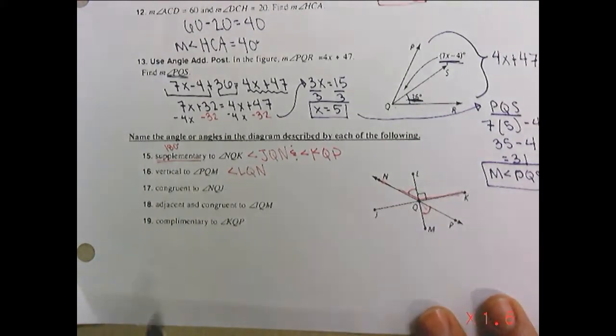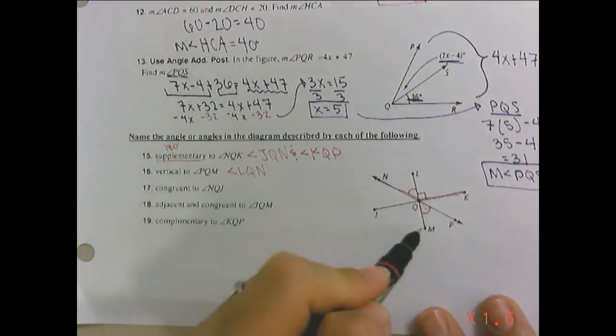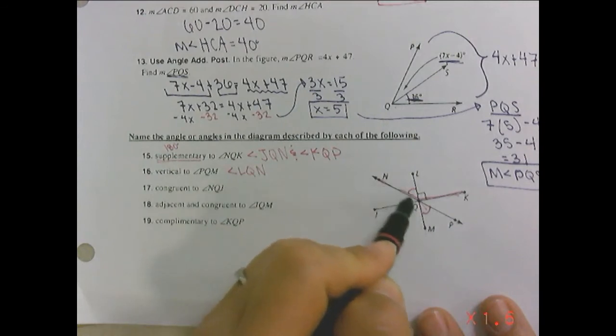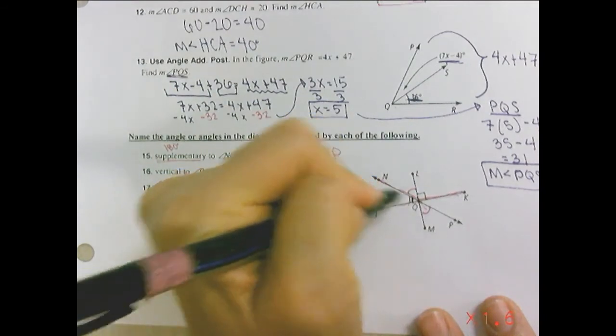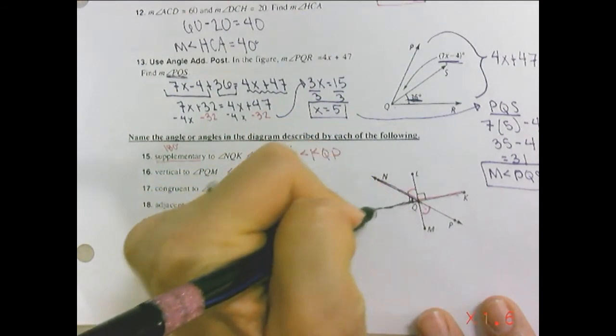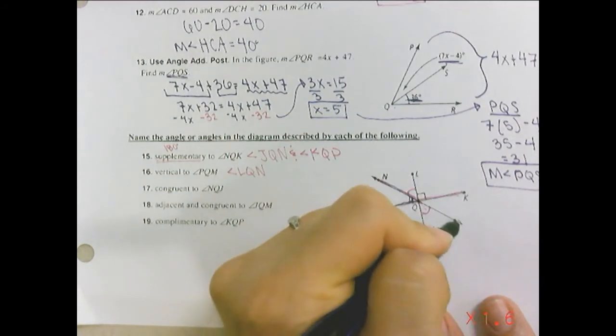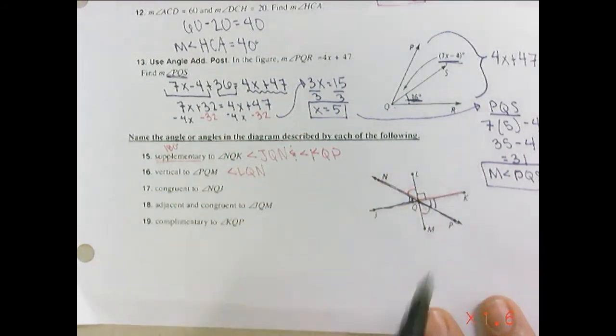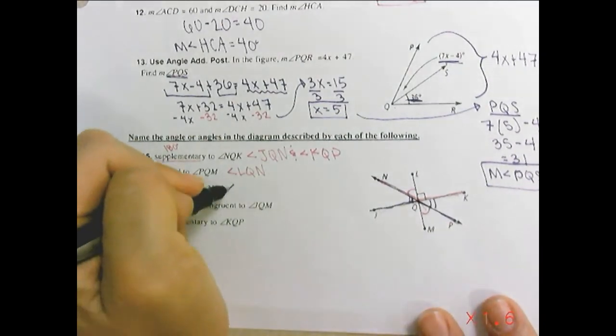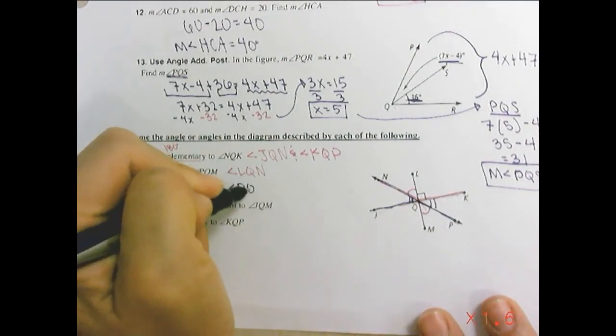Okay, and now we're going to look at NQJ, which is this angle right here. Well, it's directly across from PQK, and that would mean that those two angles were congruent. Angle PQK.